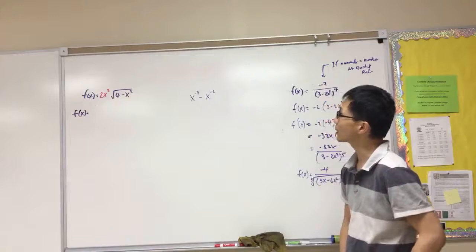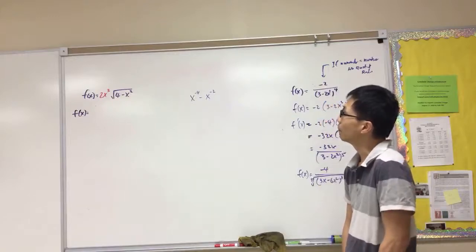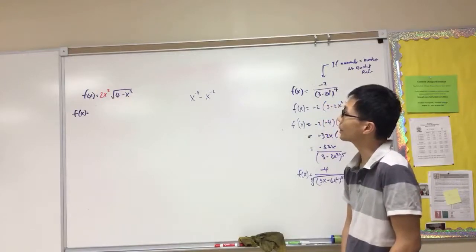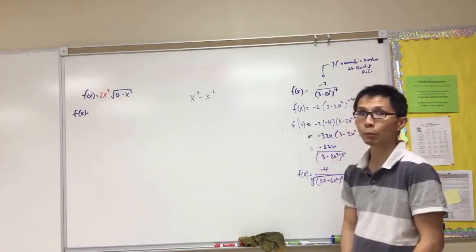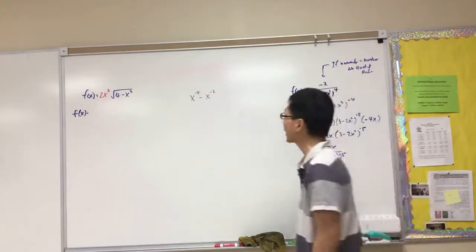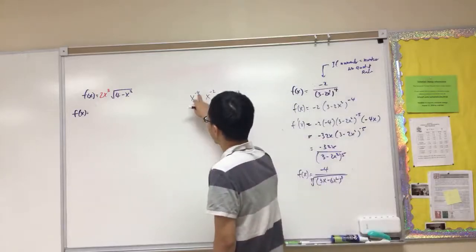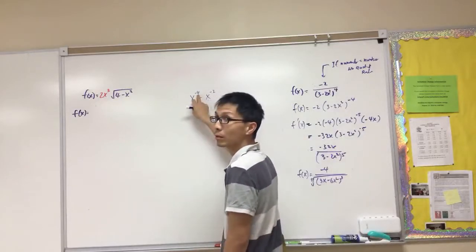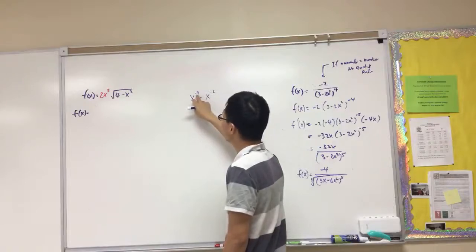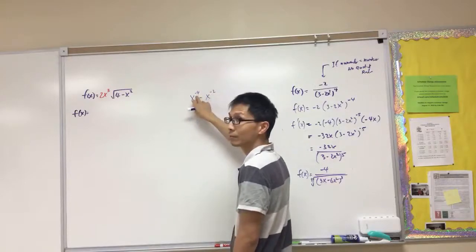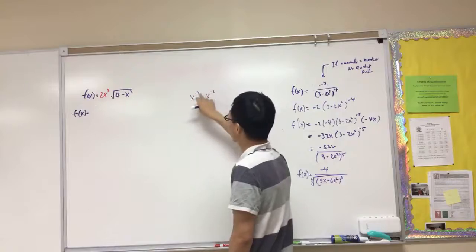In this case, we're going to factor out the negative exponents. I'm going to factor out the more negative one, a -4 power.